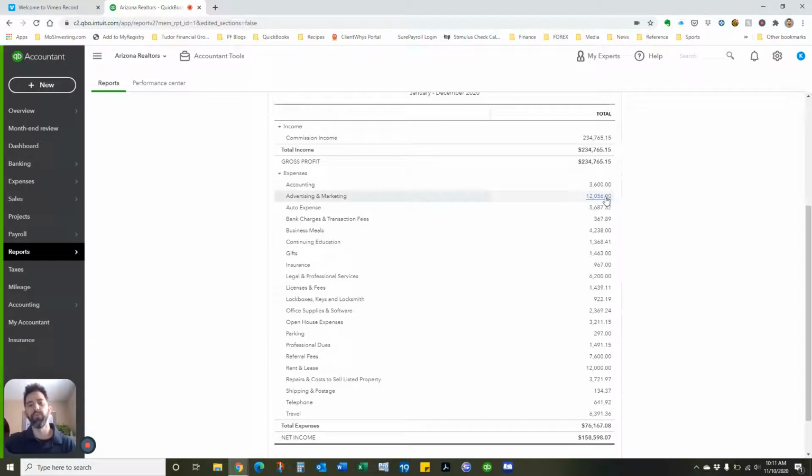But you can look at that as what's that percentage of income that we're producing? Your numbers will be different than this one. And you can make those assessments over the years when you have a good accounting system to see where's the ROI? Should I be spending more on this? If the ROI is good, maybe I should be putting even more money into advertising so that I can produce more income.